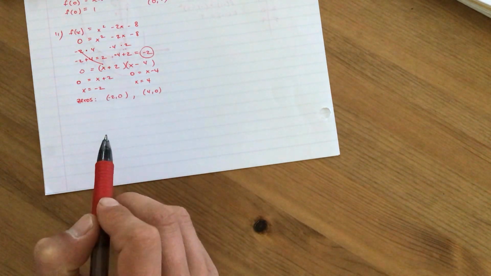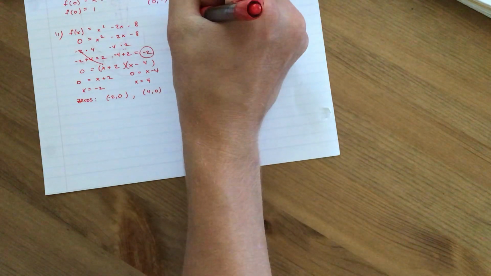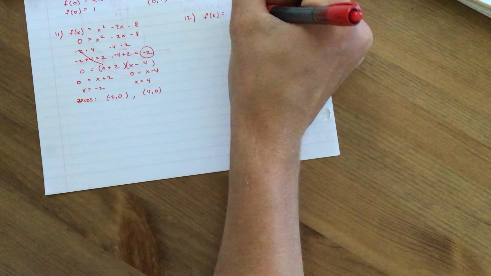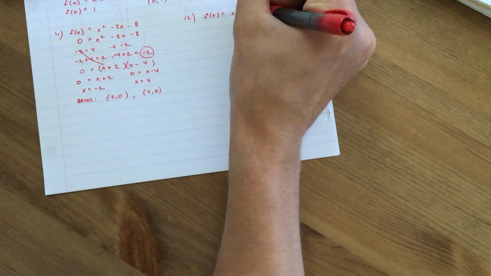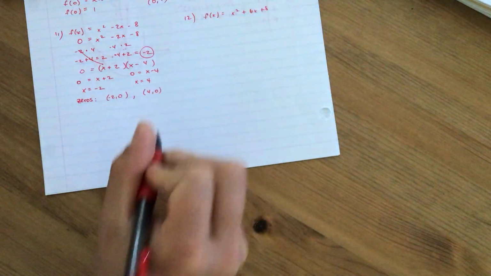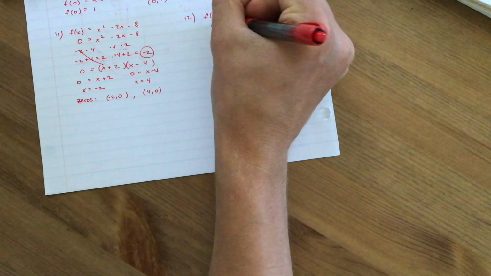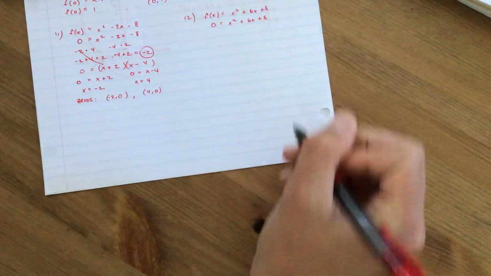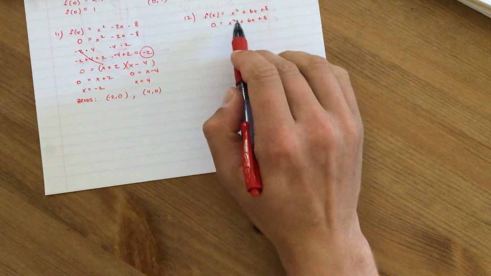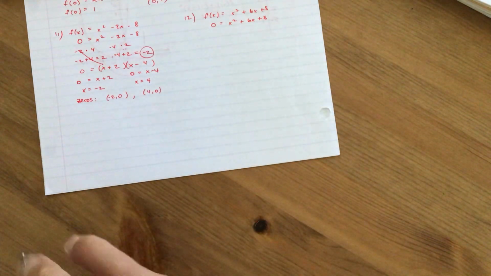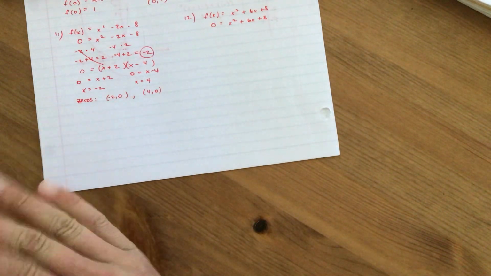Now, let's do 12 to take a look at it. So 12 is f of x equal to x squared plus 6x plus 8. And again, we're going to plug in 0 for f of x. So 0 is equal to x squared plus 6x plus 8. Now, again, we're going to solve this quadratic by using either factoring, taking the root, or quadratic formula.